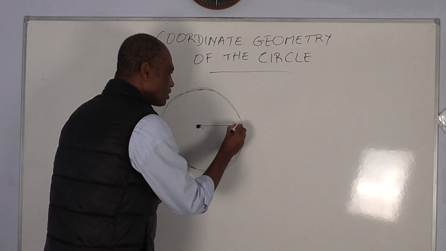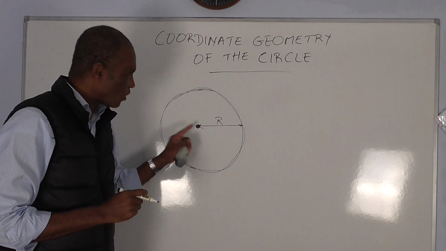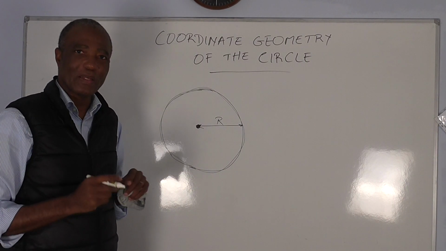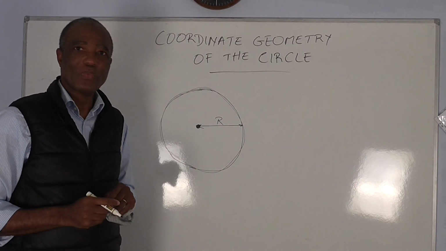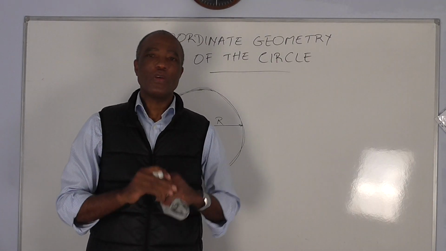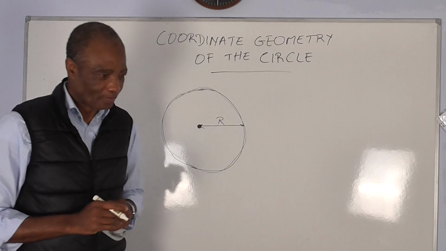This is the radius. If we have the coordinate of the center in x, y, and we have the length of the radius, then we'll be able to write the coordinate geometry of the circle.